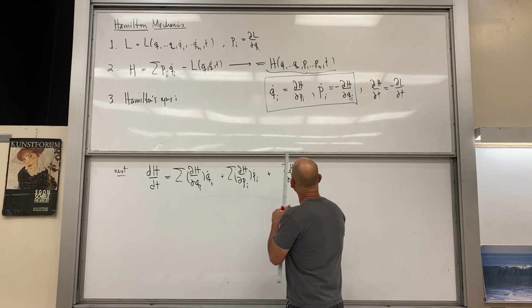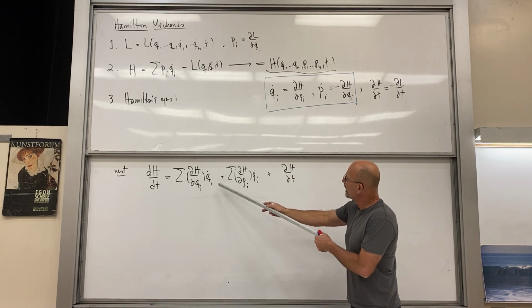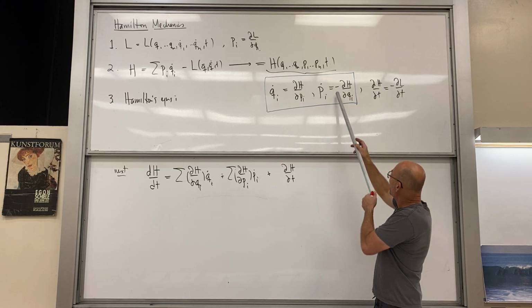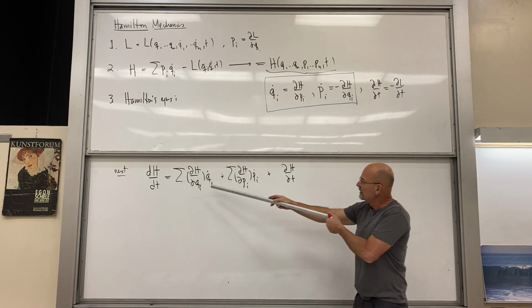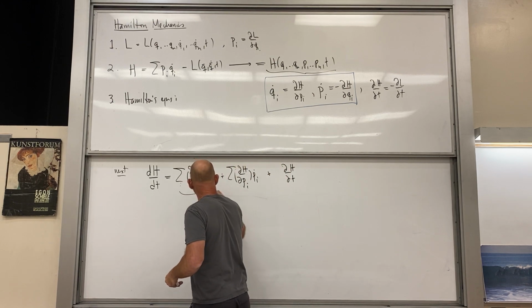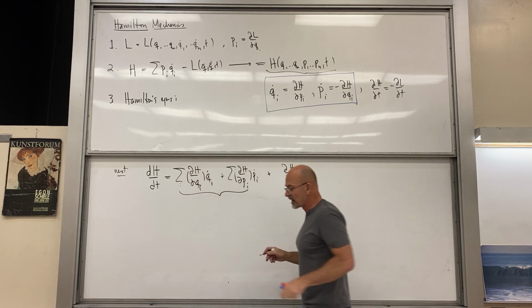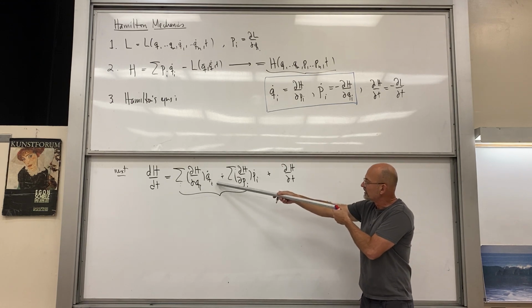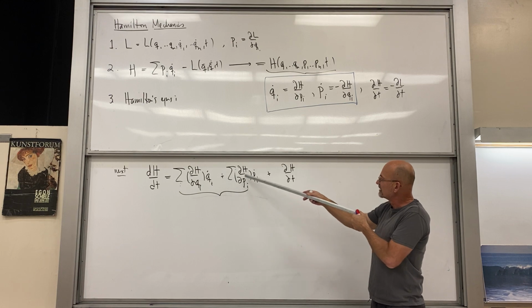And here the canonical equations are going to tell us that q_i dot is dH/dp_i, and p_i dot is minus dH/dq_i, so these go away. These add up to 0. Just using the canonical equations, make sure you draw attention to that. Right here, you plug those in, it identically goes away.